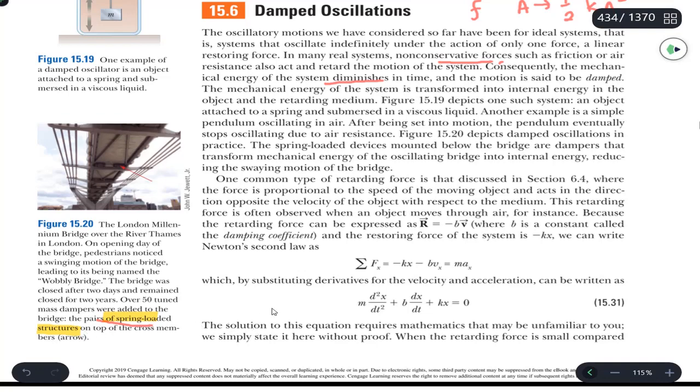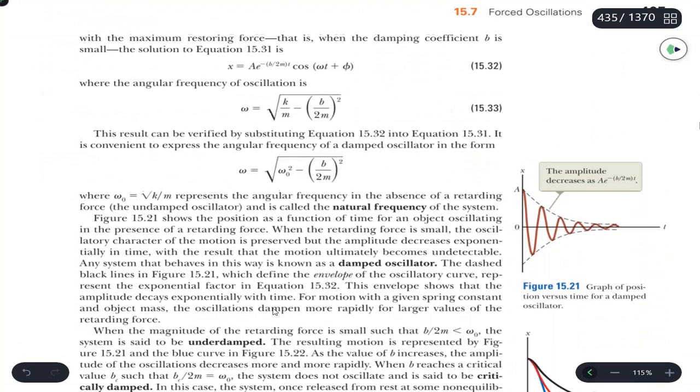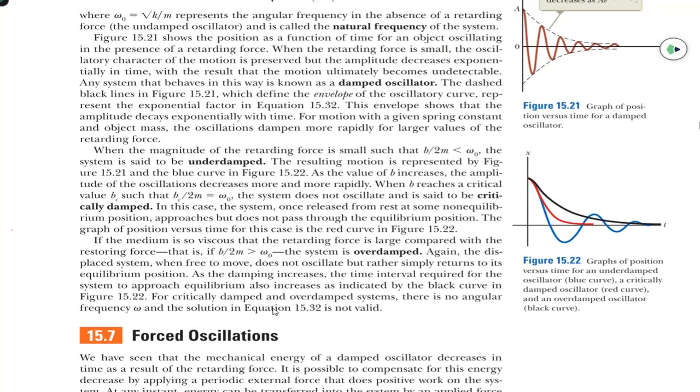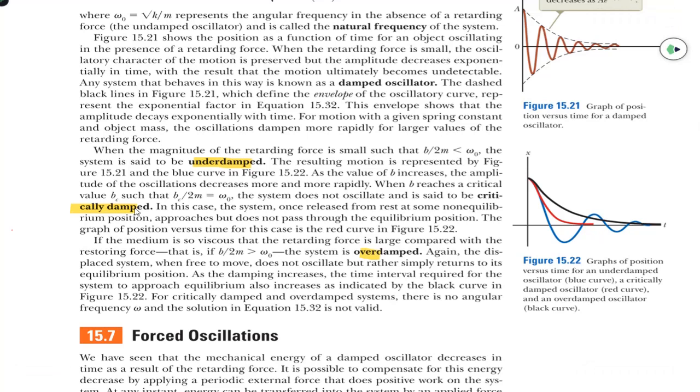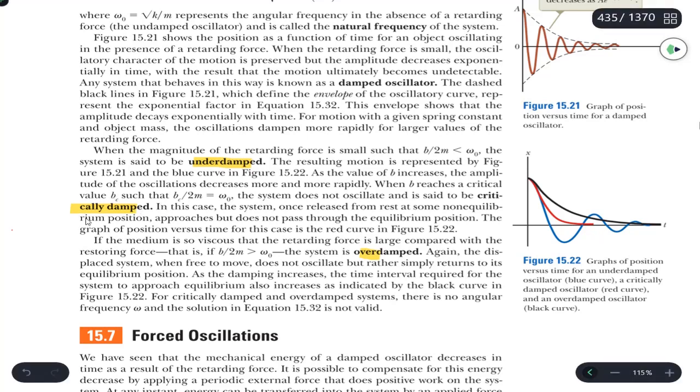Alright, so coming back to the idea, when we talk about damping, we need to identify three categories of damping: under, over, and critical. Okay, now that we identify, we need to know how to draw. Let's start with critical.